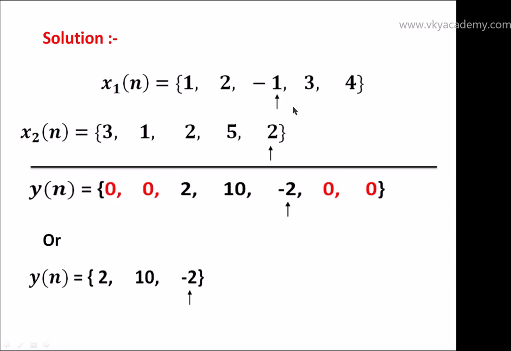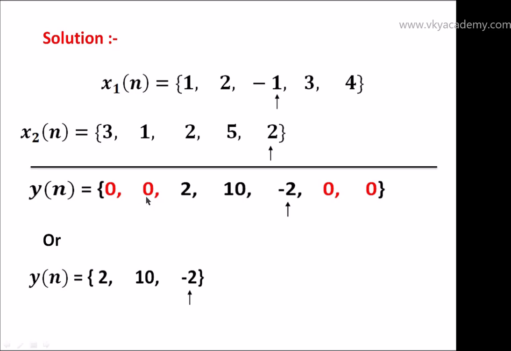The first signal is written here, 1, 2, minus 1, 3, 4. The second signal is placed over here in such a way that the samples at the origin coincide with each other. Now, this 3 will be multiplied with the 0 of the first signal. 1 will be multiplied with the 0 of the first signal.